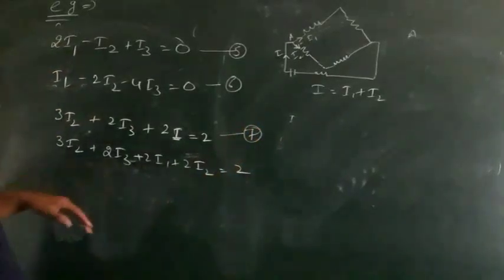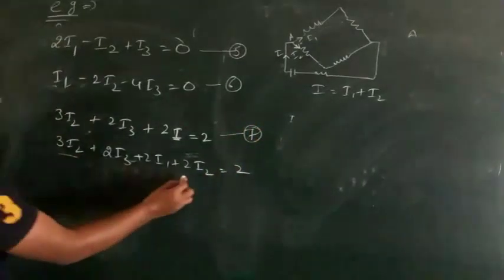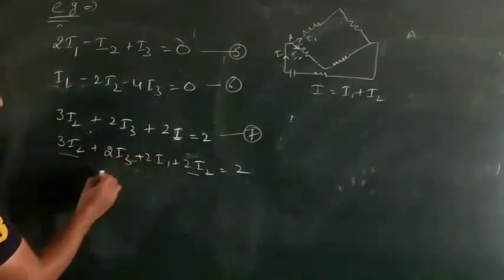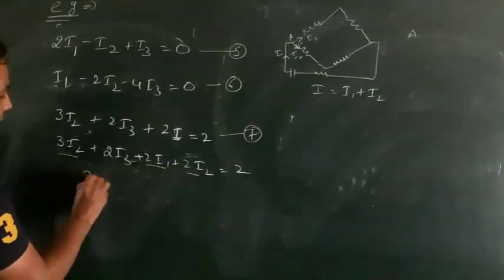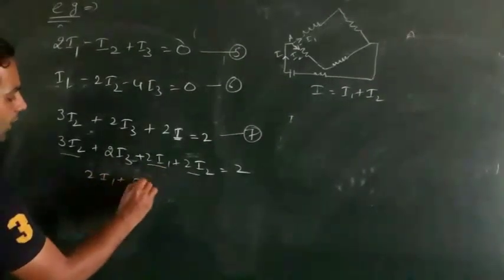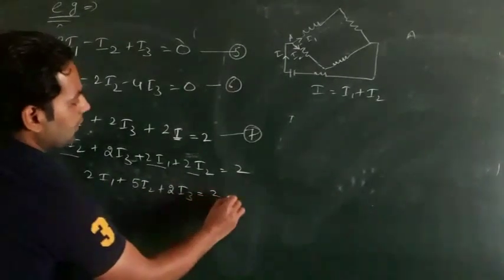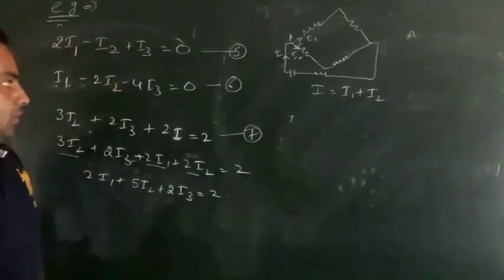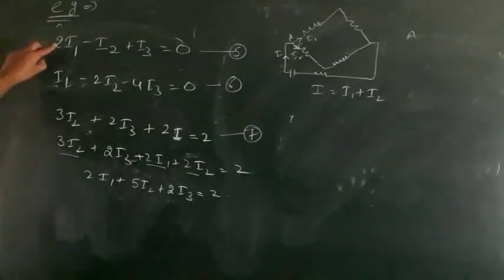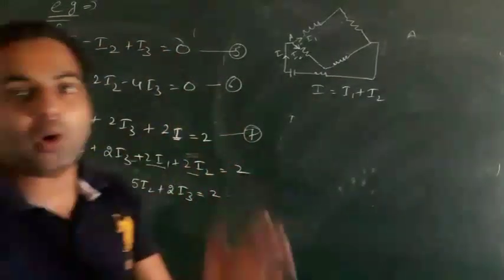Now rearrange it again. Here 3 and 2 make 5, so this is 2I1 plus 5I2 plus 2I3 is equal to 2. This is another equation. So now you have three equations, all in I1, I2, I3.